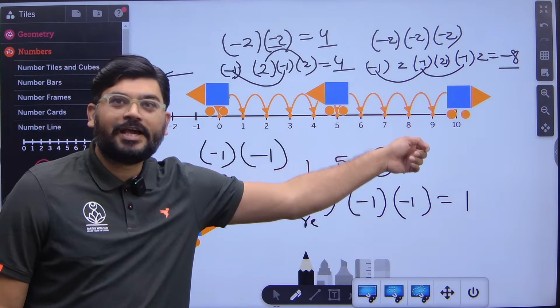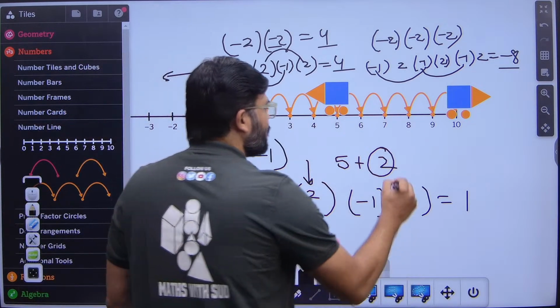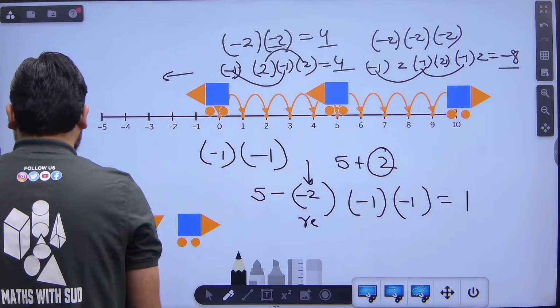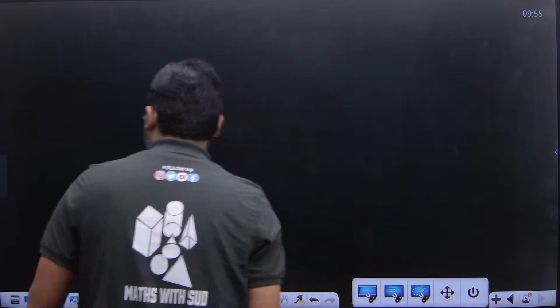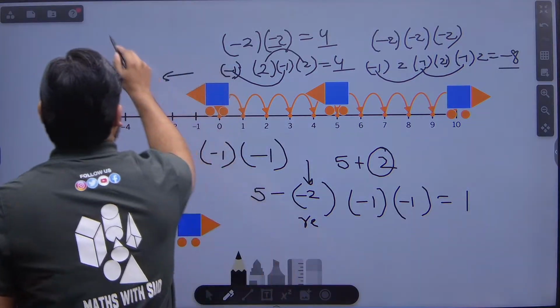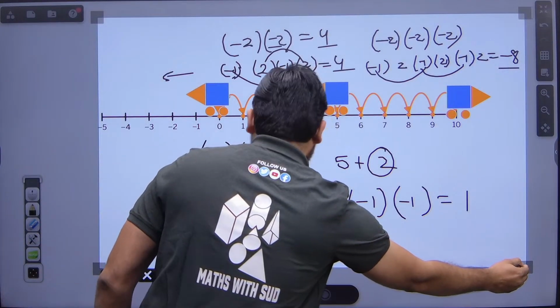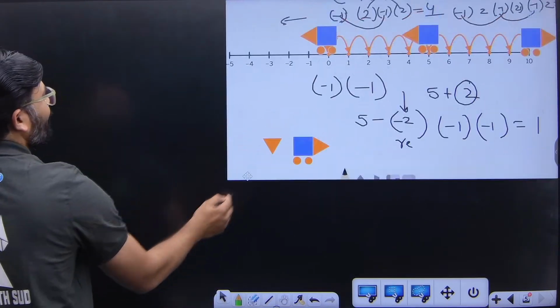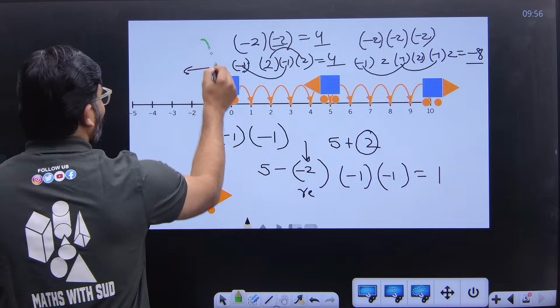So what is the rule here? The rule here is, I'm going to write this, just wait. I have to arrange this because you are my special student. So I have to arrange everything in a beautiful manner, so that when you look at the notes, you know you are the first student for whom I made this.